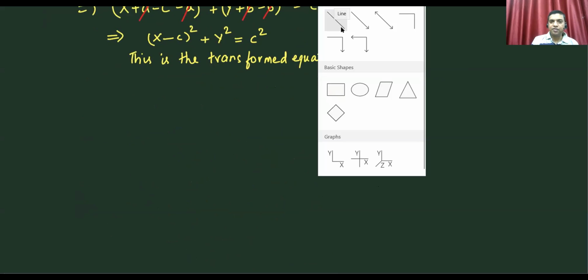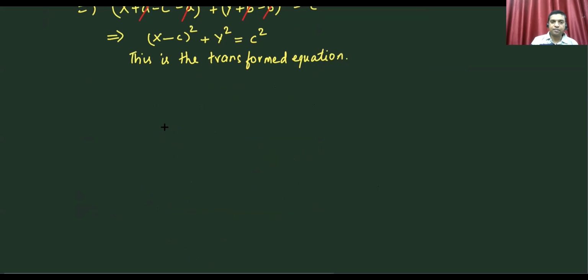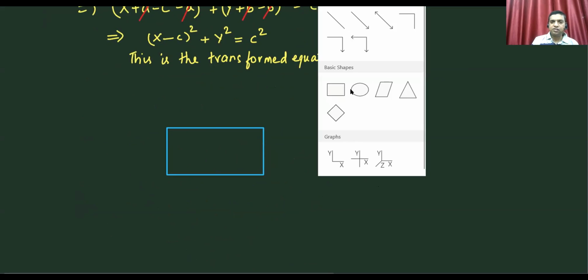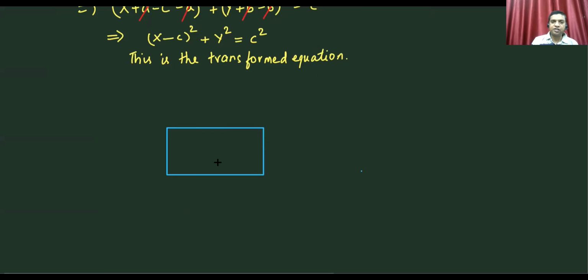Suppose you are doing a problem in physics on a body, but your original system of coordinates is rotated.